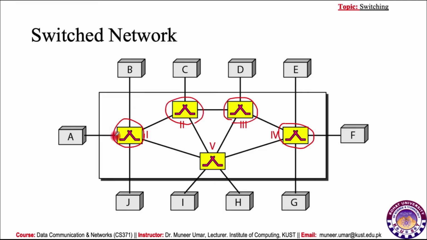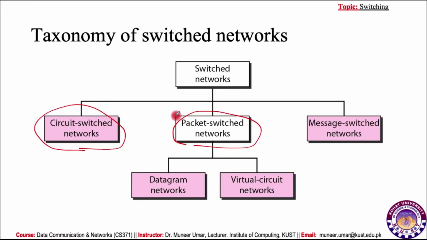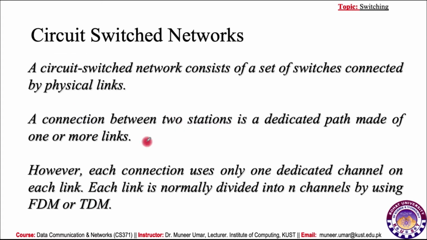If this path is established, then node B or node J would not be able to use this path because it is now reserved for node A towards the next switch. So this is a dedicated path and it cannot be shared.